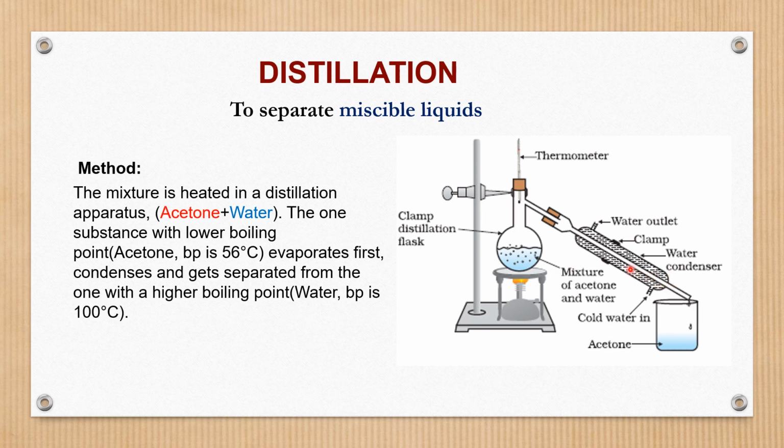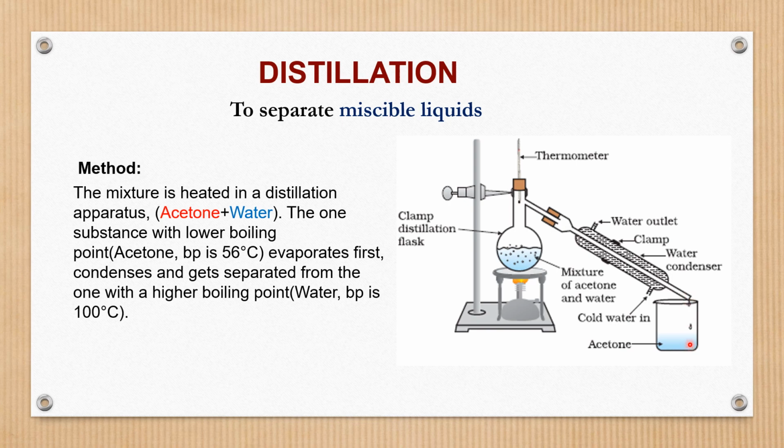And what is the purpose of this water condenser? Acetone vapors pass through the water condenser and change to liquid acetone. So from here the boiling vapors come out, pass through the water condenser and convert to liquid acetone, and we can collect it using a beaker.